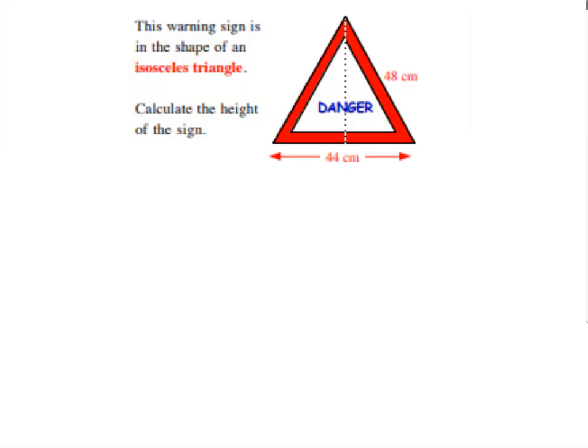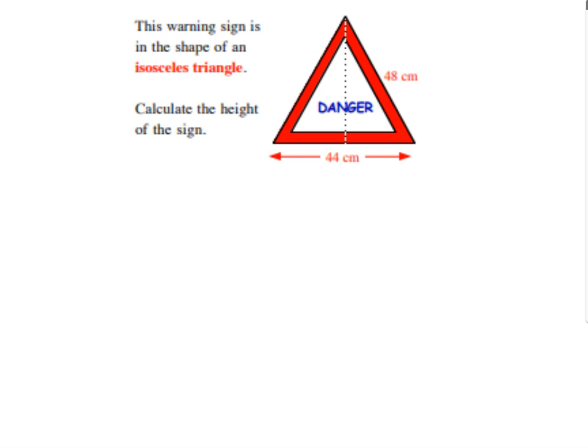Another kind of situation where you often can apply Pythagoras theorem is when you have other types of triangles, so isosceles triangles or equilateral triangles, triangles where there's a bit of symmetry about them. You can usually pull out a right-angled triangle from within them. So we have the whole triangle, the red part here of the sign goes all the way around the outside.